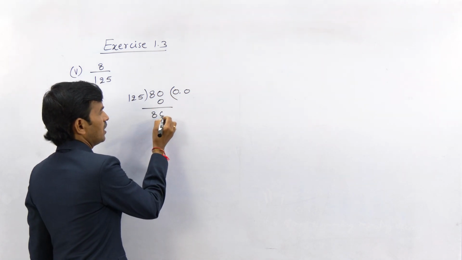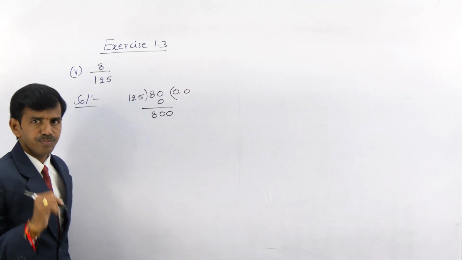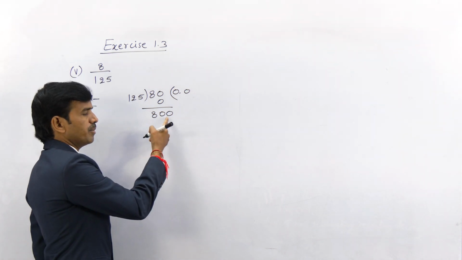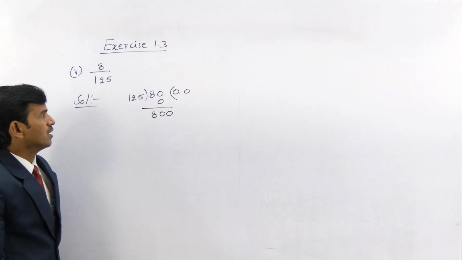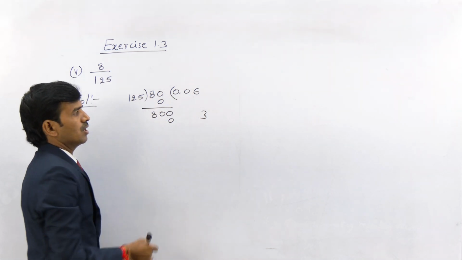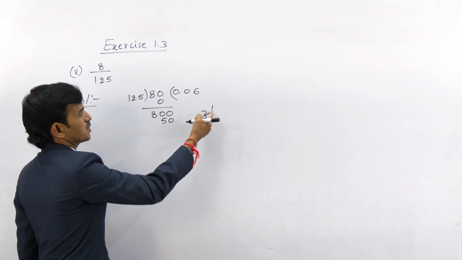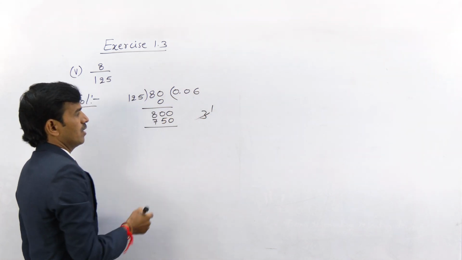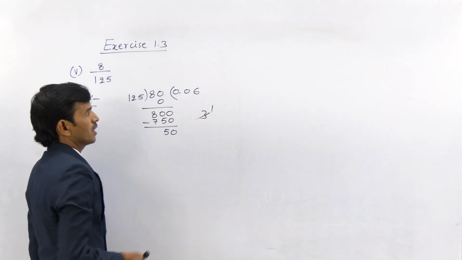Then we write 80. In the next step we take one more 0. Then it becomes 800. 800 is divisible by 125. 6 5s are 30. 6 2s are 12 plus 3, 15. 6 1s are 6 plus 1, 7. Then when you subtract we get 50.